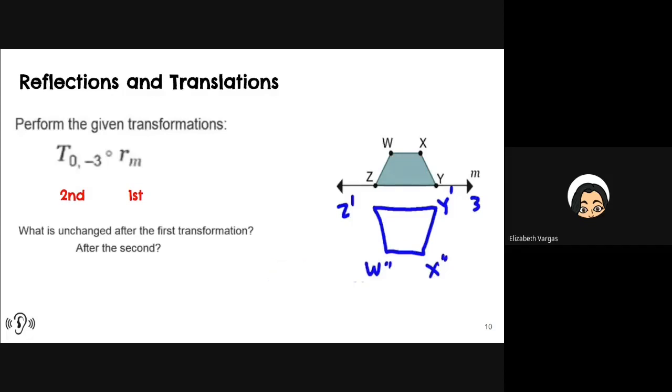At that point, all of our points have shifted to a different orientation, and nothing remains the same. So what we did was first reflect across the line M, and then we did a translation 3 units down on the Y axis, and then we got our resulting image. Okay?